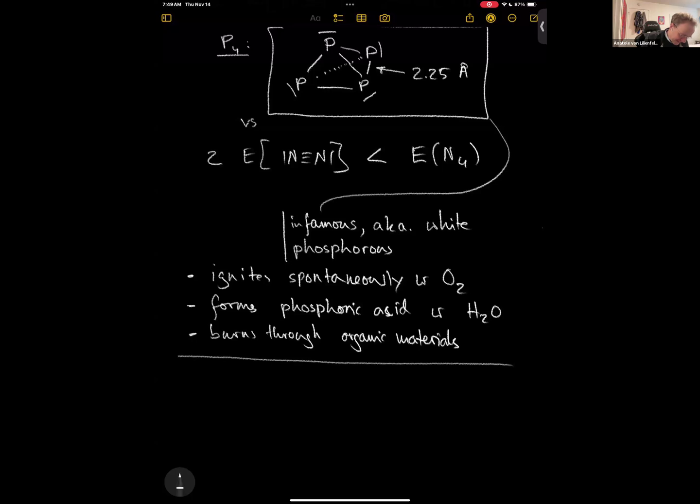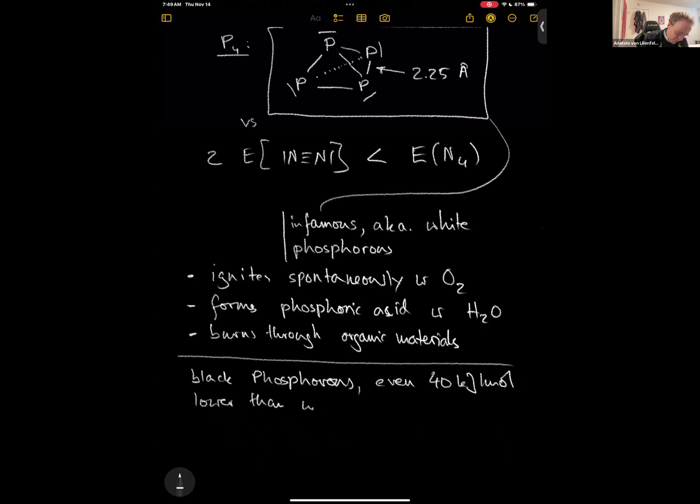This is known as black phosphorus, and it's even roughly 40 kilojoules per mole lower than white phosphorus.